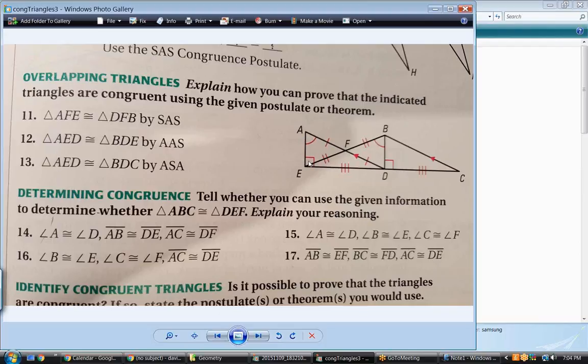So number 12, AED, this triangle, a different triangle than before, and BDE, and we want to do it by angle, angle, side. So let's find two angles, first of all. Okay. So AED, angle, angle, side.